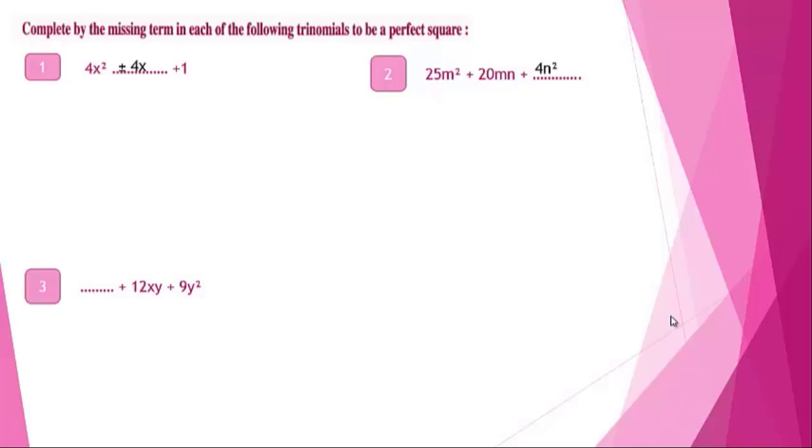We say 144x squared y squared divided by 4 times 9y squared, which is 36. After simplifying, we say the first term is 4x squared.